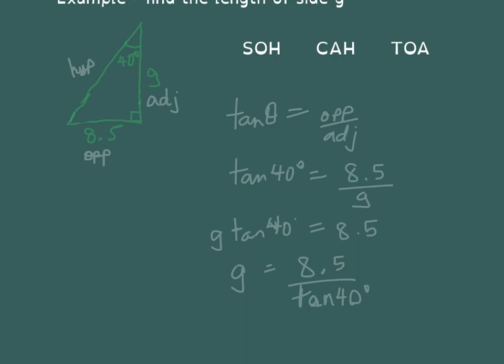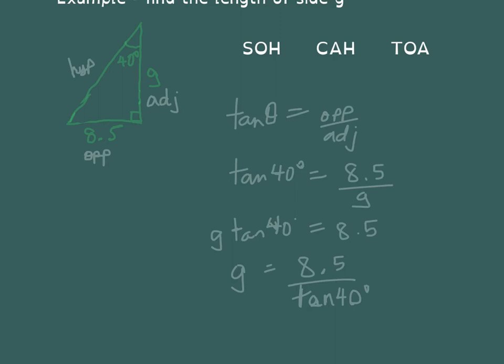I'm not going to write down all the digits, and even if I did, the calculator's storing way more digits than what it shows. So either way, you're rounding in some fashion. So I like writing it out this way and plugging it all into the calculator in one step.